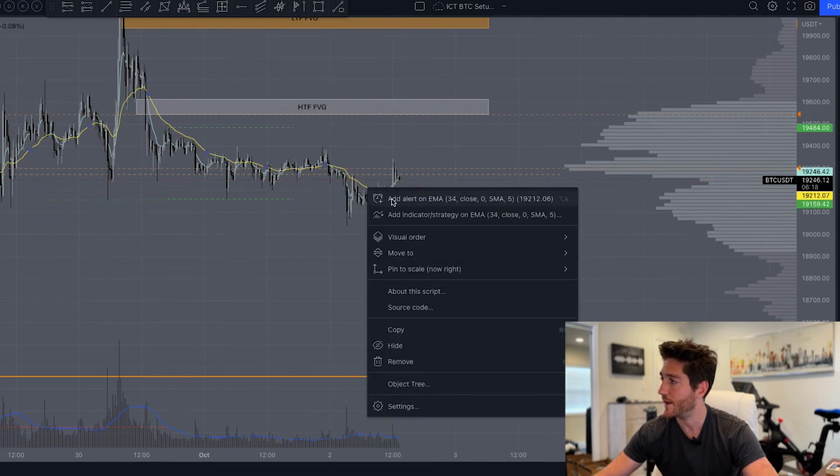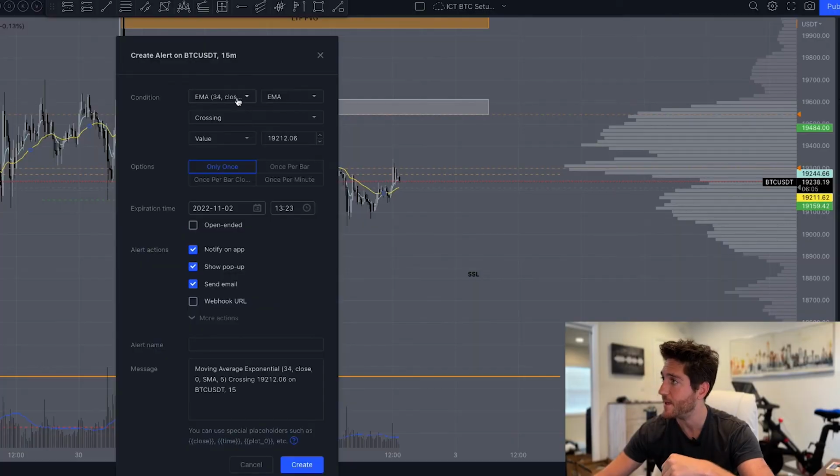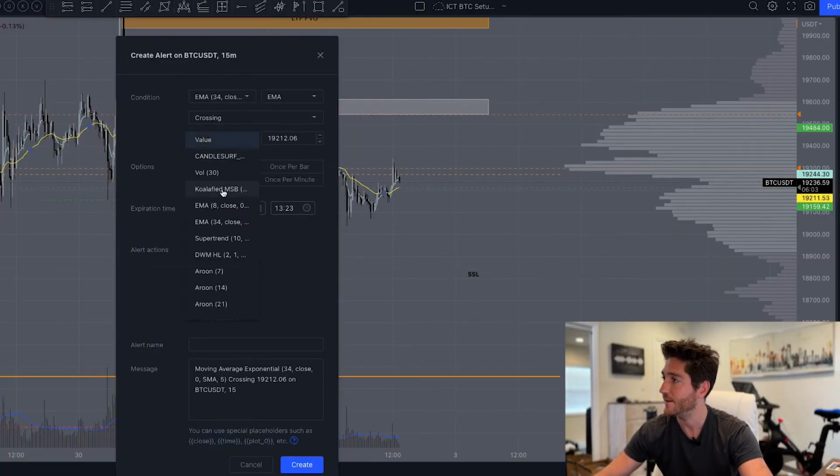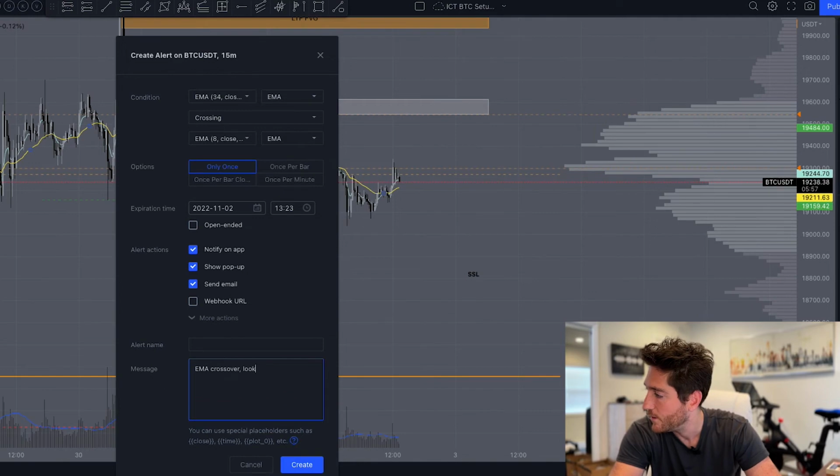So I can right click it, add alert on EMA 34. I can add in here if price is crossing this EMA, or if you want to see crosses with both the EMAs, you can do EMA 34 crossing EMA 8. There you go, only once. And I can say EMA crossover: look where price is and enter scalp, low time frame, 15-minute chart.